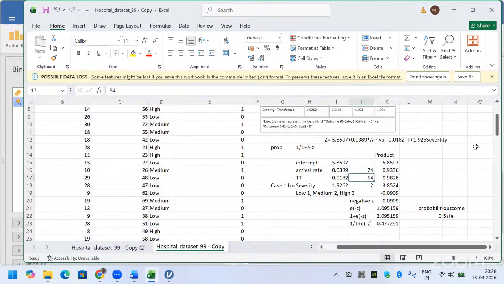If the treatment time comes to 75 hours, in that case it has crossed 0.5, and otherwise it is less than 0.5. Even at 65 it is more than that. So first impacting is severity, next impacting is treatment time. This is how we'll be classifying the people into less or more. Is that fine?